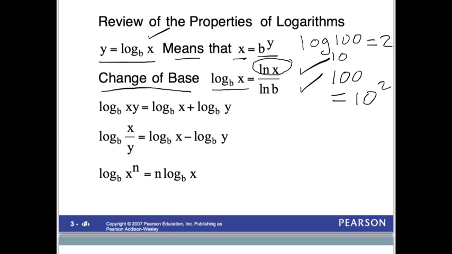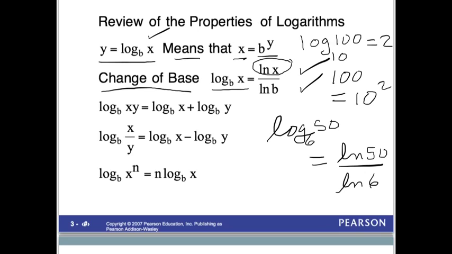So if you wanted to take log of 50 to the base 6, you would just take ln of 50 on your calculator and divide by ln of 6.